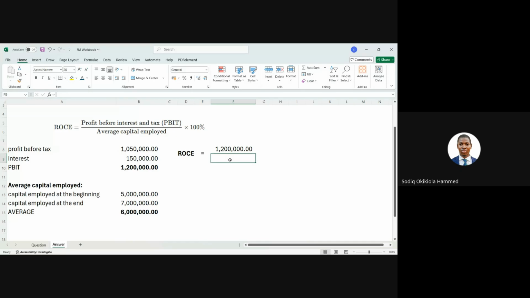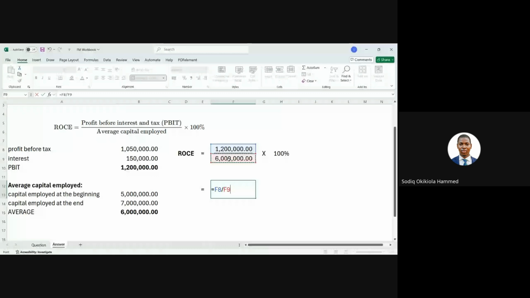And what is our average capital employed? It's multiplied by 100%. So what are we expecting to have? It will be equal to this divided by this, multiplied by 100%.